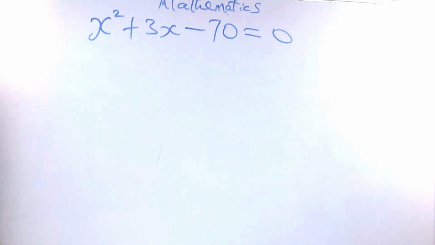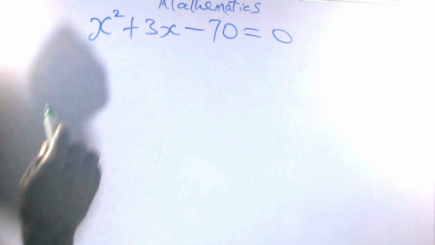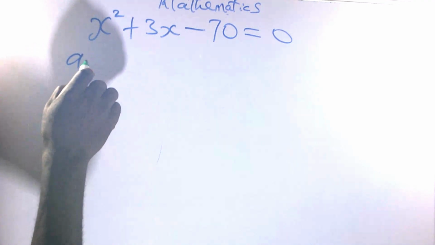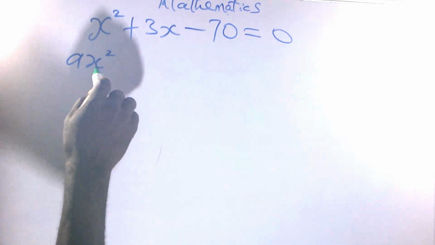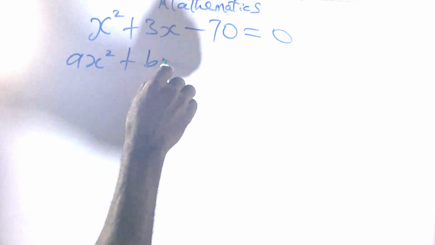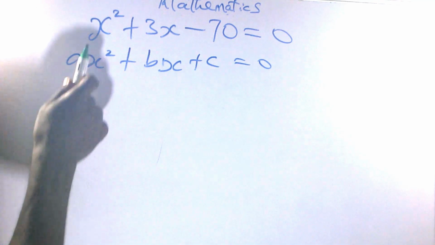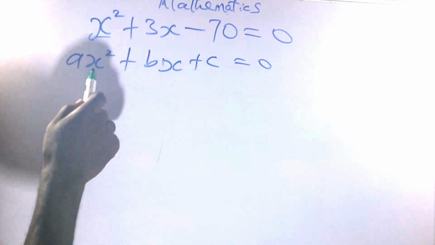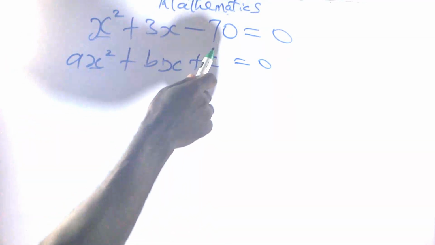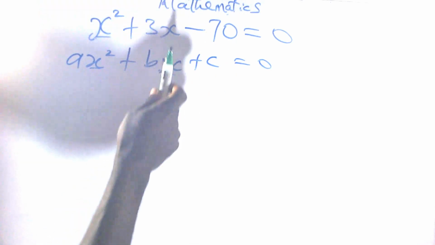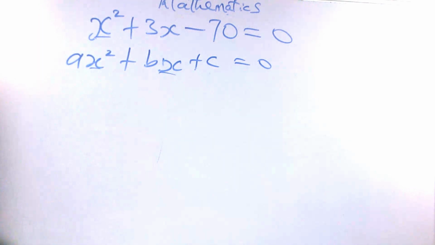This equation has the standard form of a quadratic equation. As you know, a quadratic equation has the standard form ax squared plus bx plus c equals 0. So we have our second degree variable here, we have the constant here, we have x here, so it's a quadratic equation.